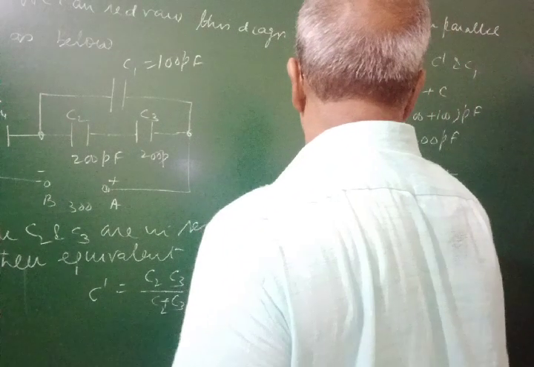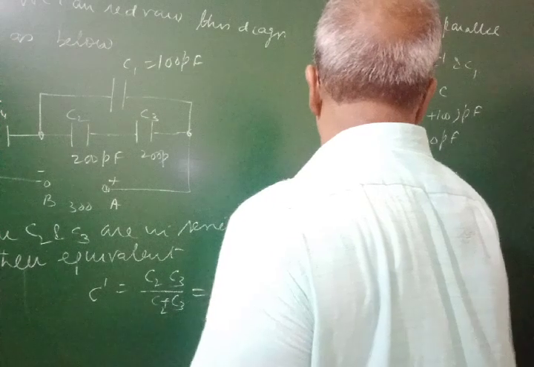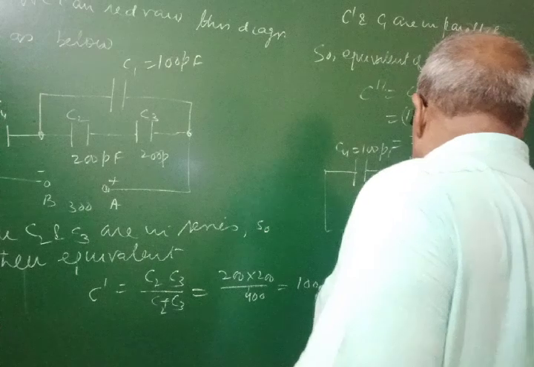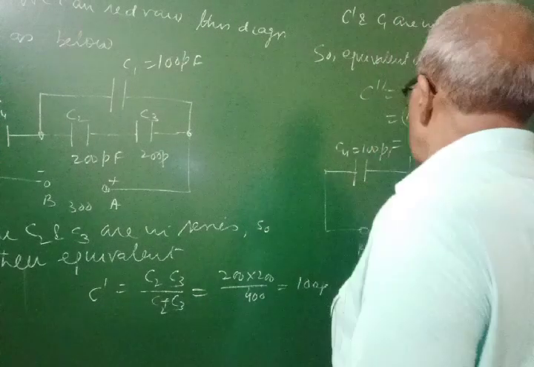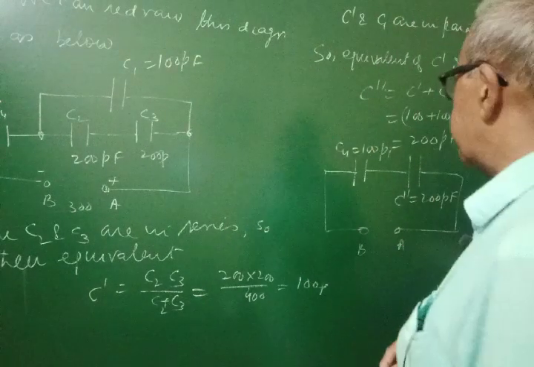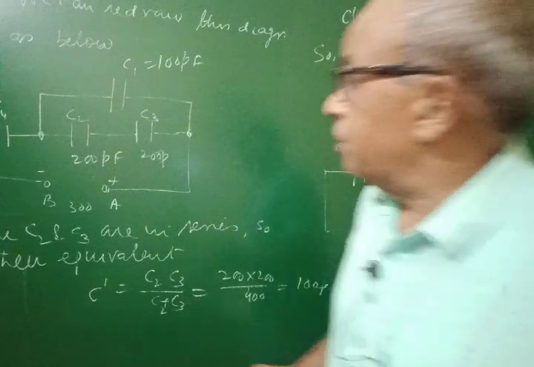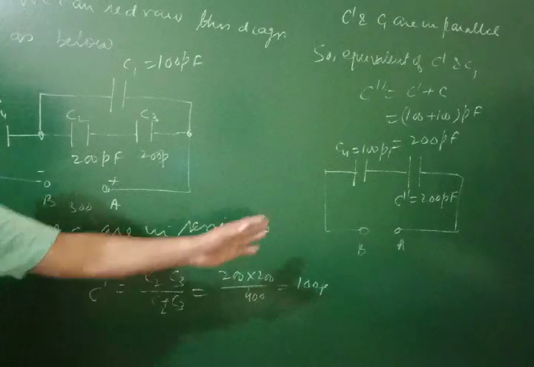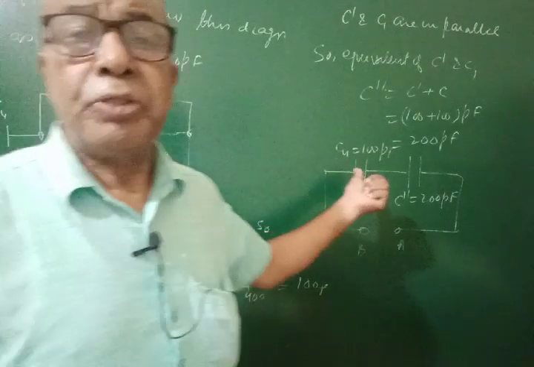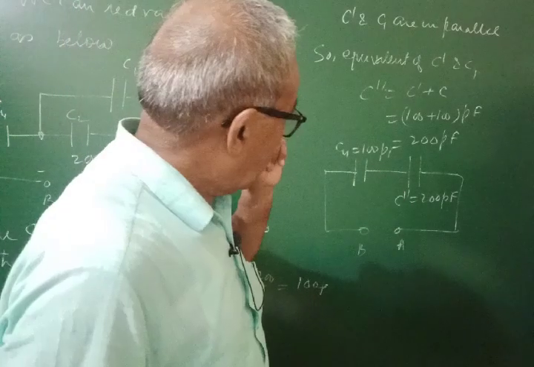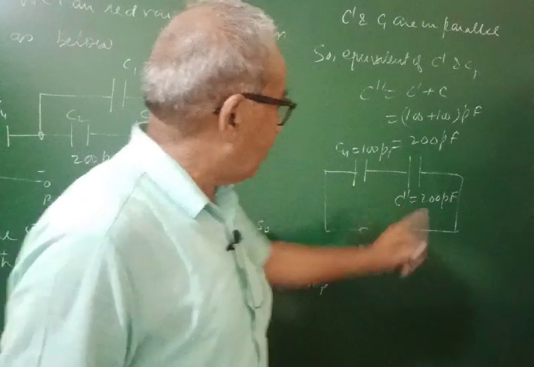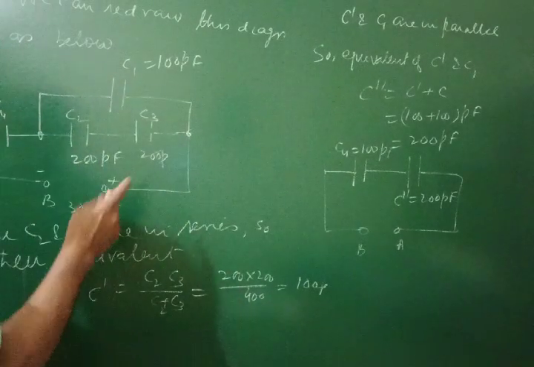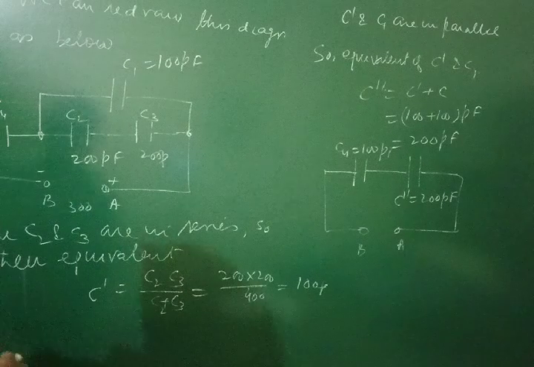C4 is equal to 100 picofarad. You can draw this diagram in your solution, A, B. So now C double dash and C4 are again in series. I think no problem here. C double dash is the equivalent of C2, C3 and C1, which is in series with C4.